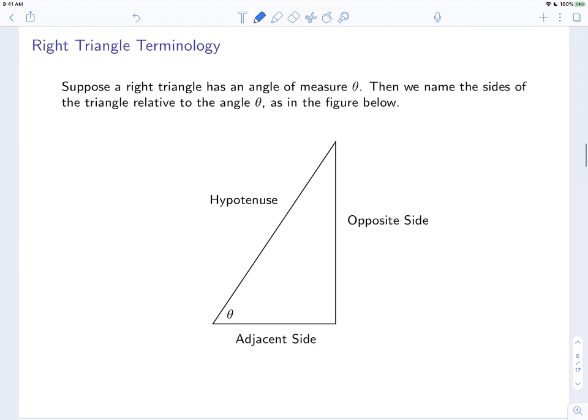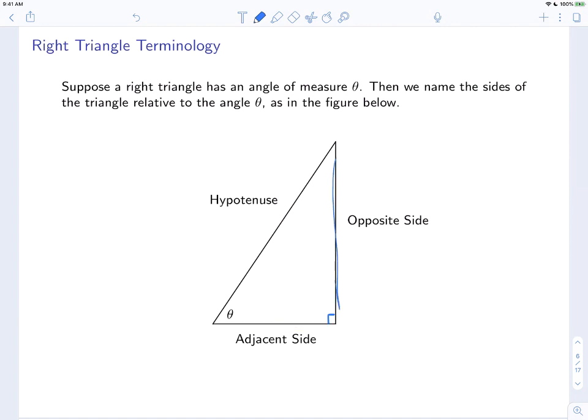Let's introduce some terminology that we'll use just to make it a little bit easier. So suppose that we have a right triangle, and we have an acute angle that we're calling theta. So we can name the sides of the triangle relative to that angle theta, as in the figure you see here. So the side next to the angle theta is called the adjacent side.